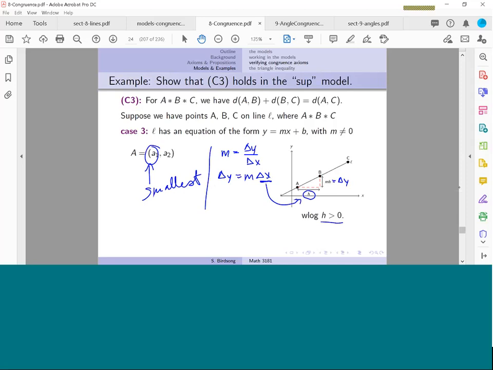So that is how we got the formula h times m, or as I wrote it down, m times h. Now, what does that mean for us in terms of point B? What would you need to add to the x coordinate of A to get the x coordinate of B? What would you need to add to the y coordinate of A to get the y coordinate of B? Well, it would be the two things we just found on those legs of that little right triangle and the dotted red line.